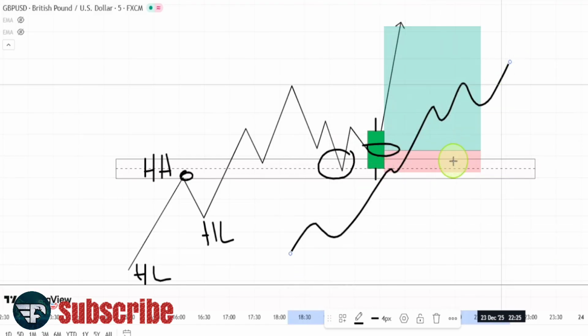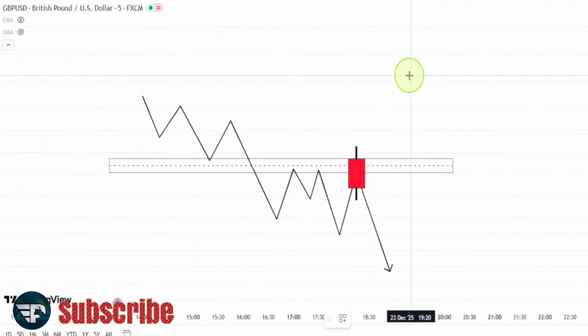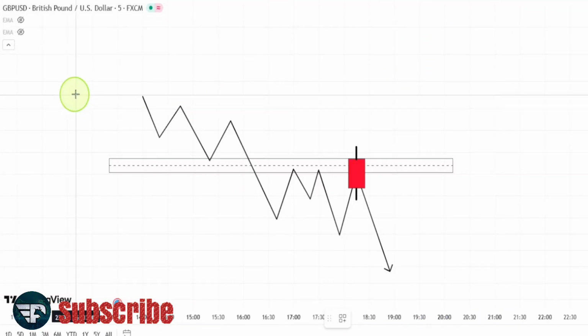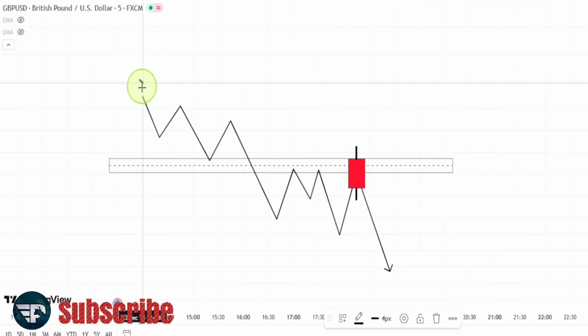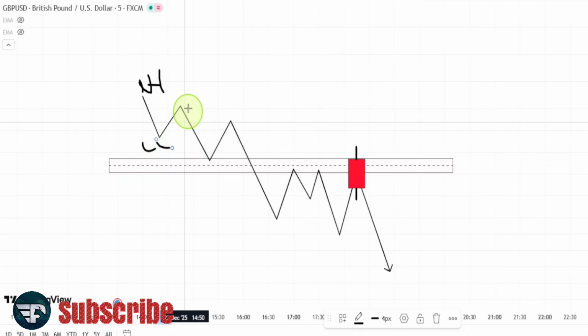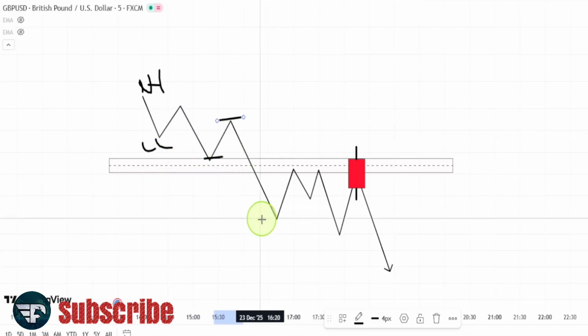Let's look at how to apply it for a bearish scenario. So the same concept for a bearish scenario. We have a lower high, lower low here, lower high, lower low, lower high, lower low.